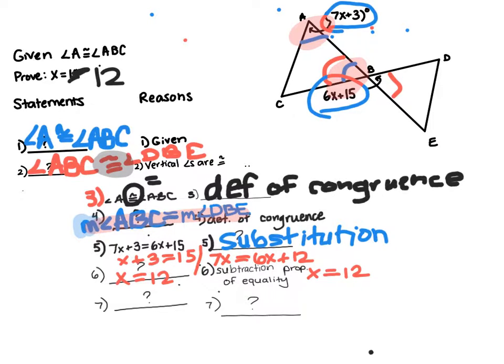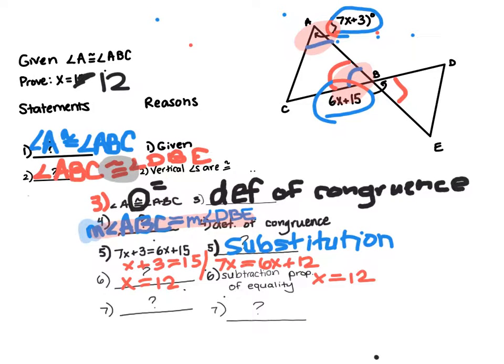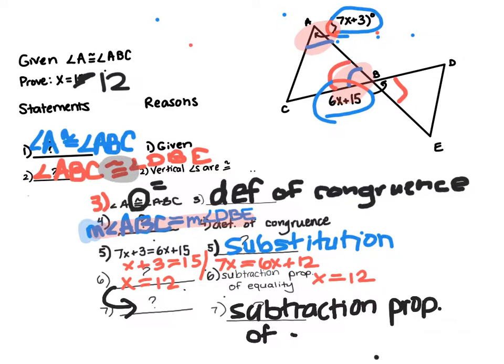So then that last step, this is my prove, right? And my reason there would have been the same. Subtraction property of equality. Wait, what's the last step? The last step is x equals 12 and it's subtraction property of equality.